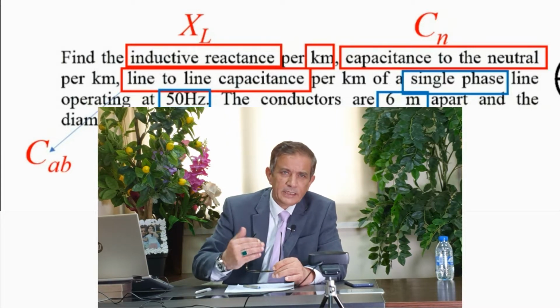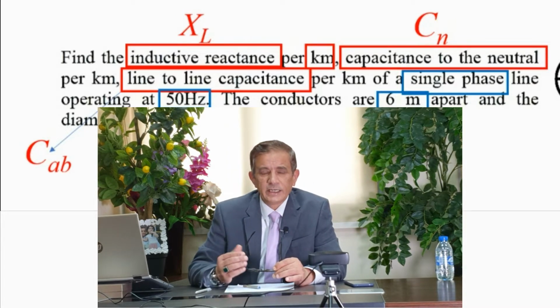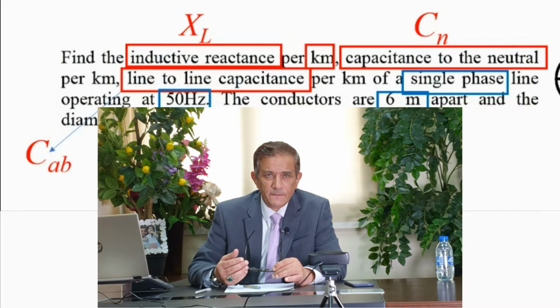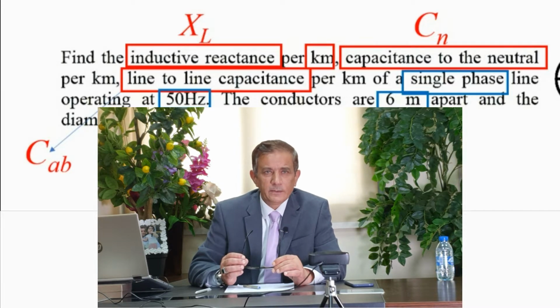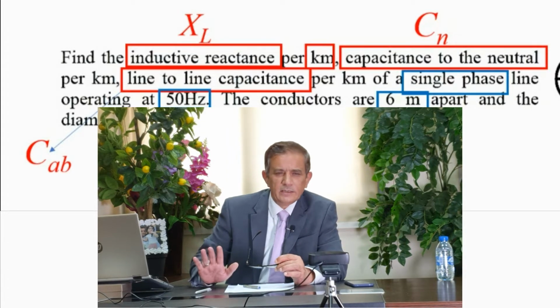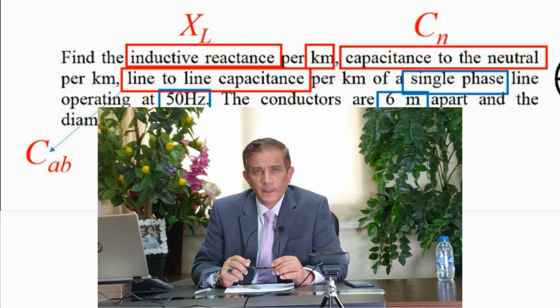In the first part, he didn't ask for the inductance, he's asking for inductive reactance, which is XL. In the second part, he's asking for the capacitance itself, capacitance to neutral, also per kilometer. Then line-to-line capacitance. I have to put on the margin this information, which I will use.